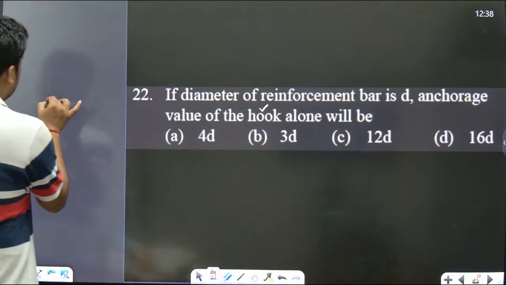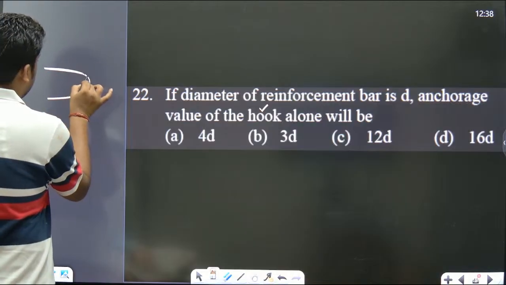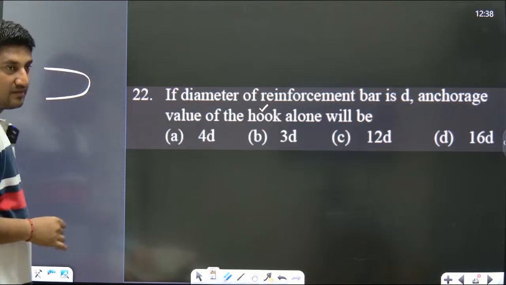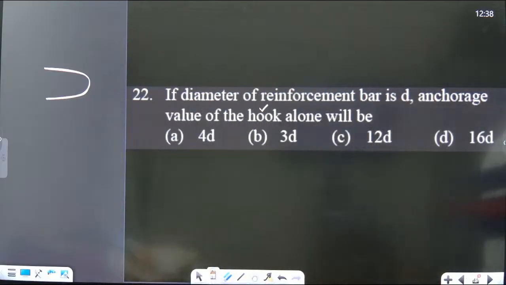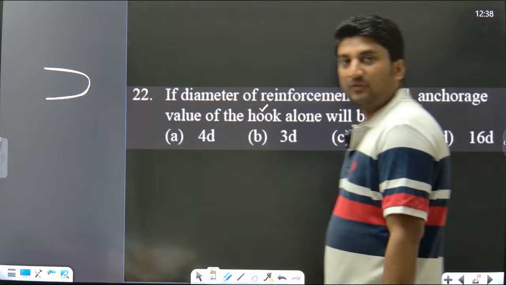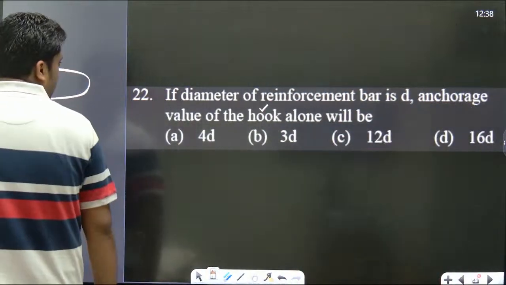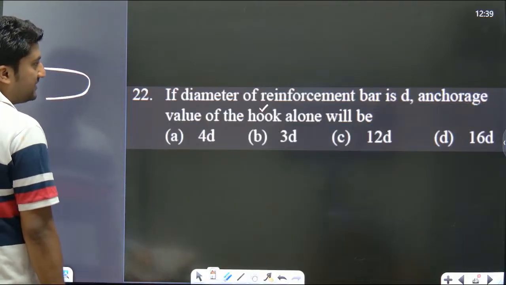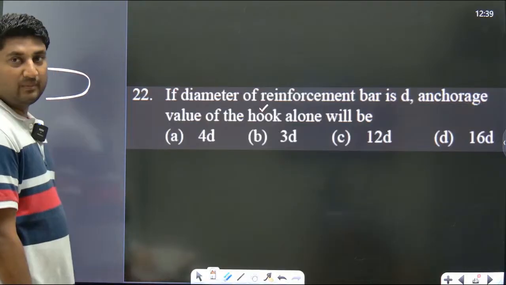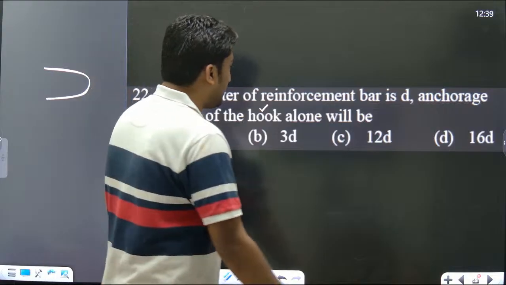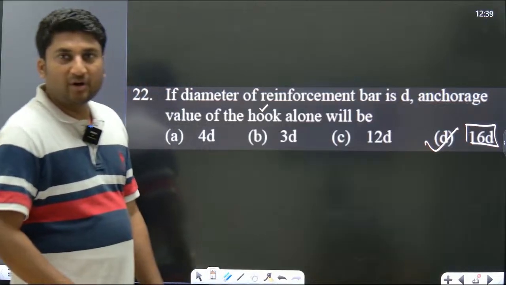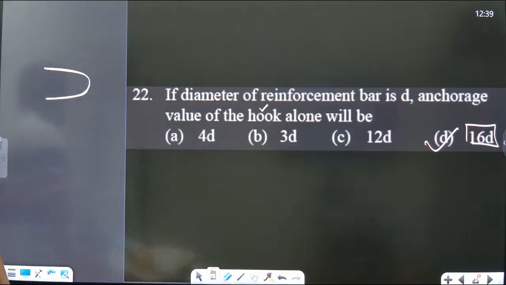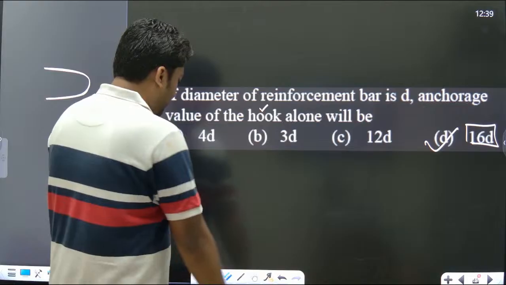For 180-degree it is... Now we have seen for 90-degree, and for 45, 90, 135. What will be the correct answer for the hook? What will be the anchorage value? Yes, very good. For a hook it will be 16D, or 16.5D. Option D is the correct answer.